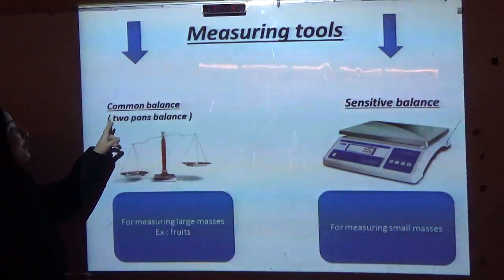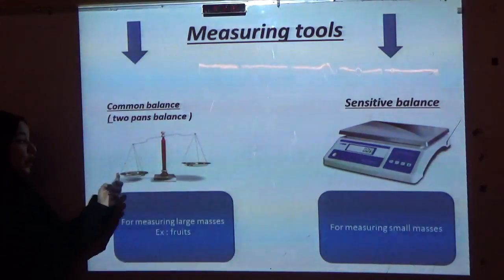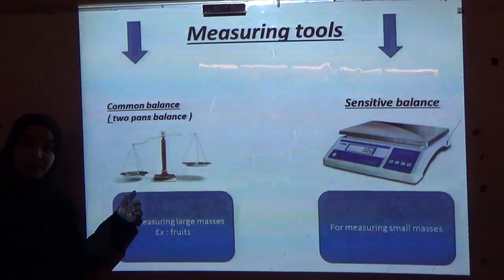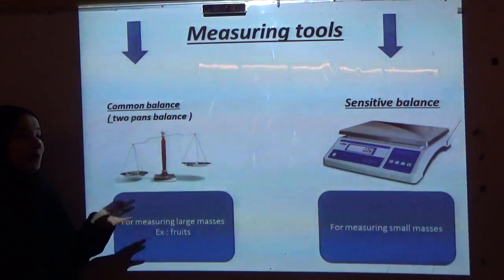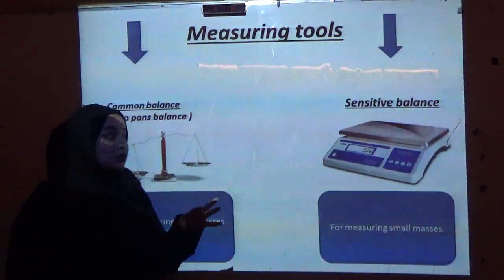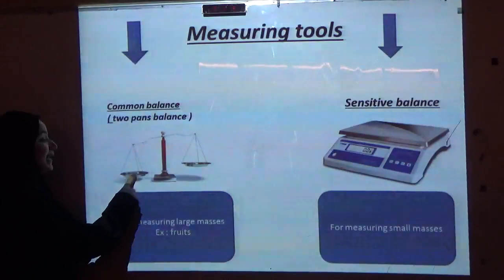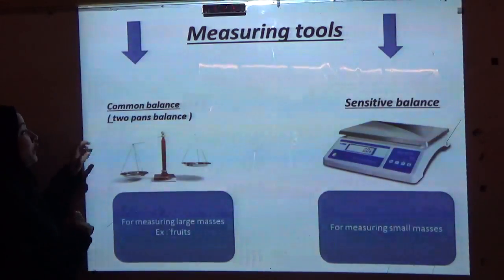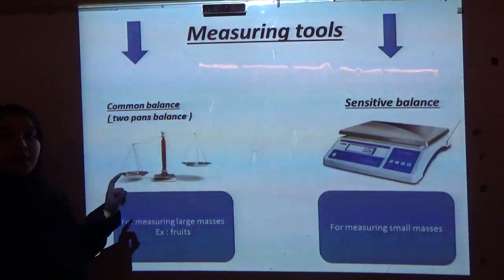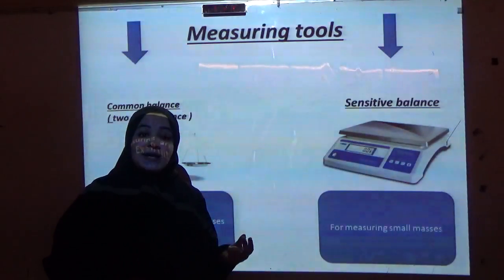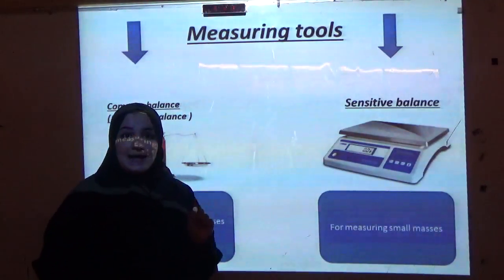Number 1, I have the common balance. This is the shape of the common balance. When I go to any place in Egypt to buy fruits or vegetables, I usually see this common balance. I have another name for the common balance, which is the 2-band balance.